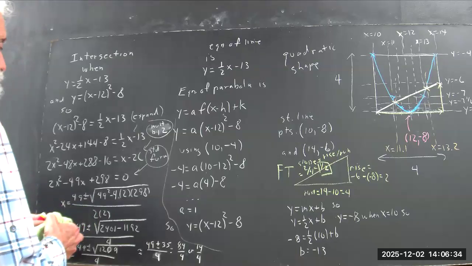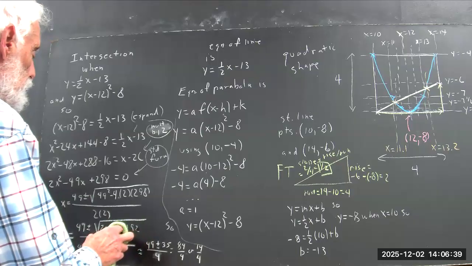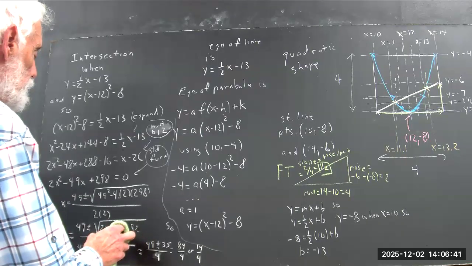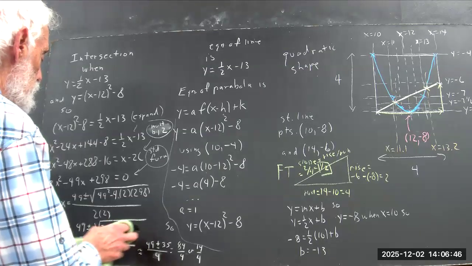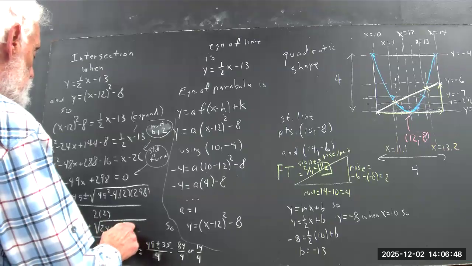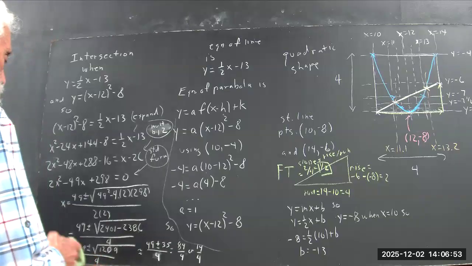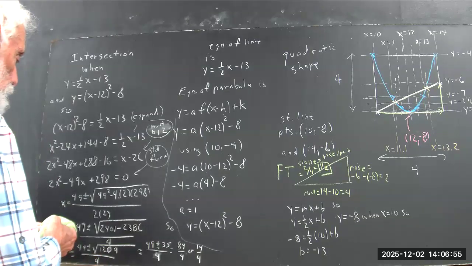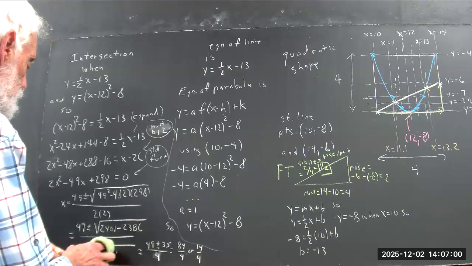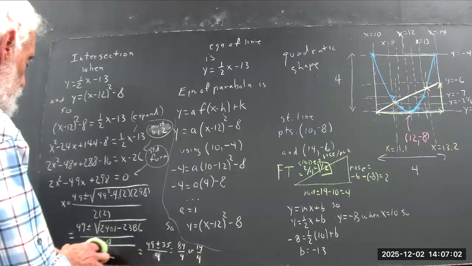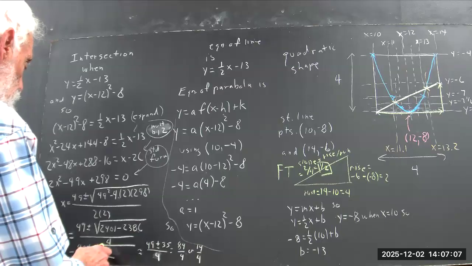Now, this number is going to be twice as great, which is going to be 2386. And this becomes about 15.